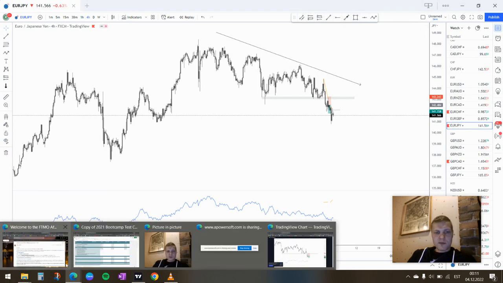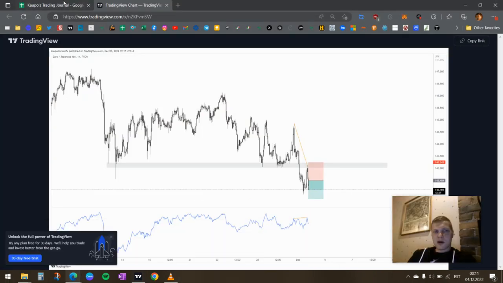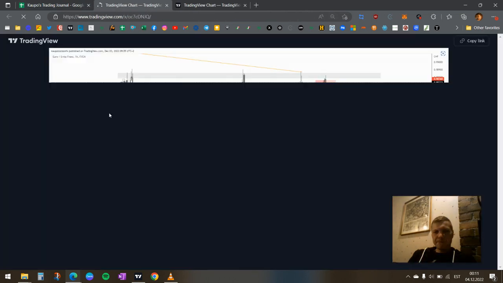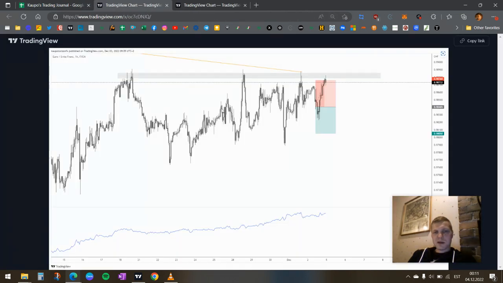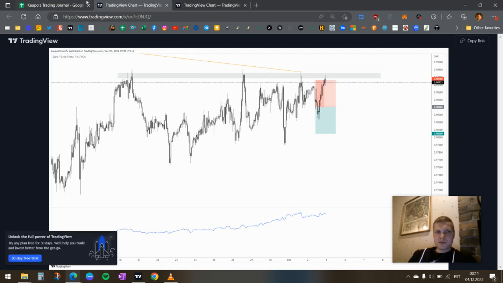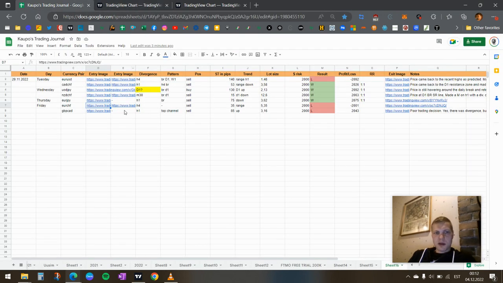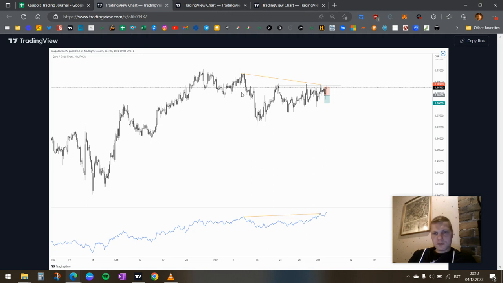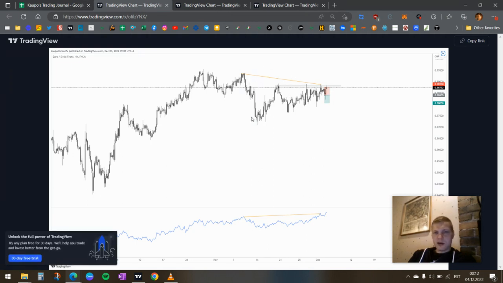And then there are two trades that I lost on Friday after NFP. Euro CHF was an H1 resistance with an H4 divergence, and it's ranging, forming a triangle here.